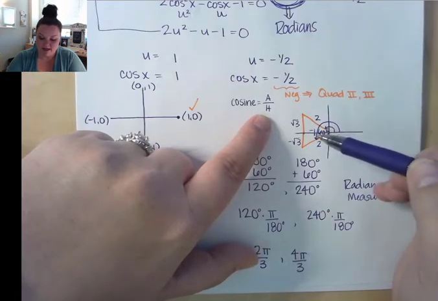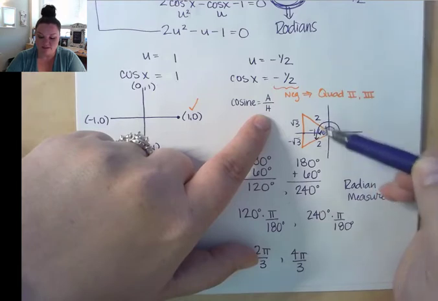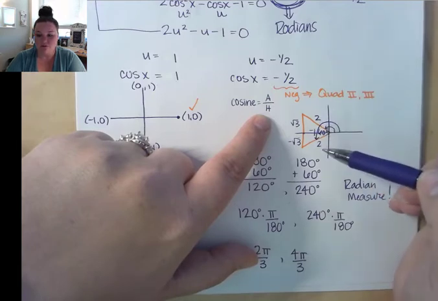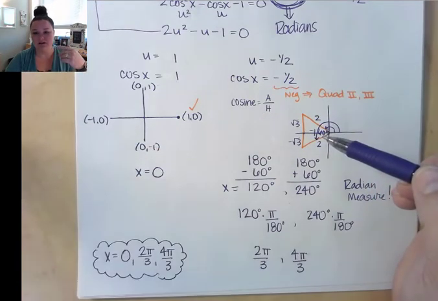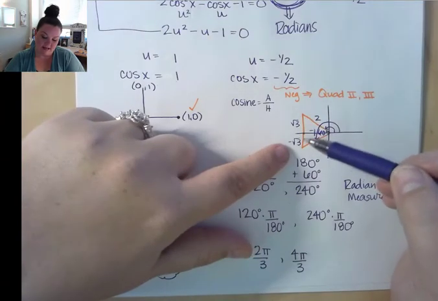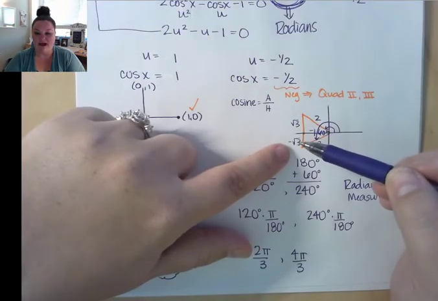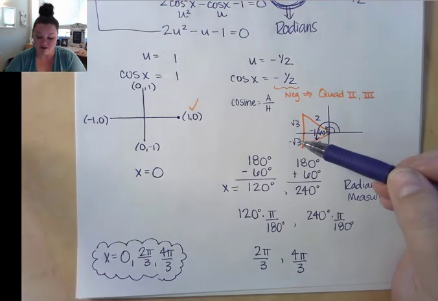So if I label -1 as my adjacent side and both of my hypotenuses here are going to be 2, well then if I fill in the other value of my reference triangle, we know that it's 1, 2, square root of 3. So that means that my opposite side has to be square root of 3. And this is either going to have to be a 30-degree triangle or a 60-degree triangle, right? It's not going to be a 45.